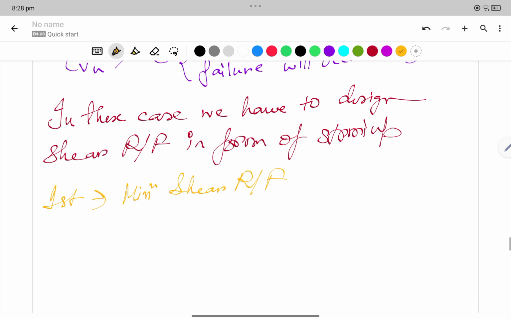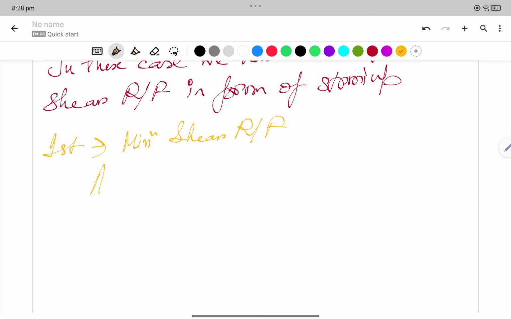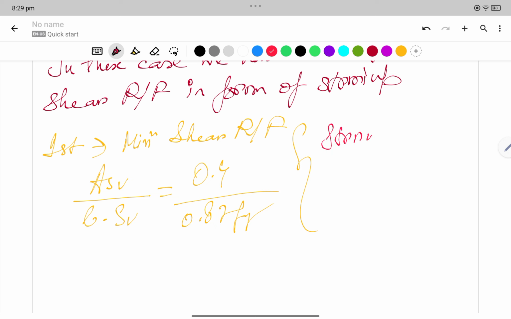The formula for calculating minimum shear reinforcement is Asv divided by b into sv is equal to 0.4 by 0.87 fy. See here, if nothing is given, we consider that the stirrup is 2-leg 8 dia bar.